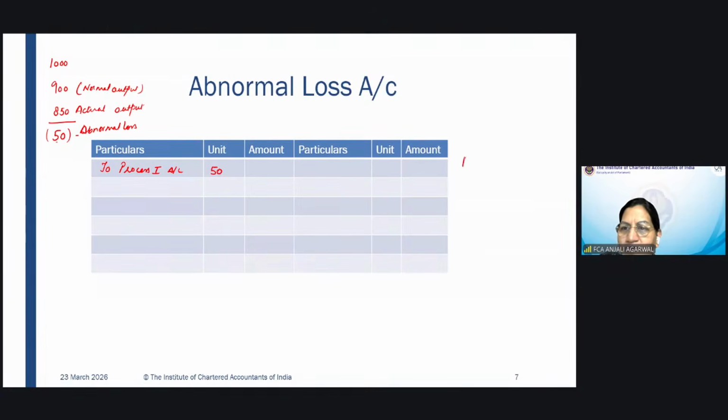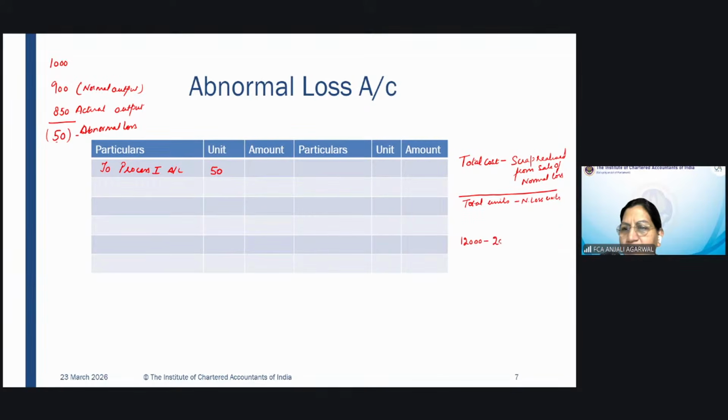So like I said, the fundamental rule: total cost minus scrap realized from sale of normal loss units, divided by total units minus normal loss units. So the total cost was 12,000 in our example.